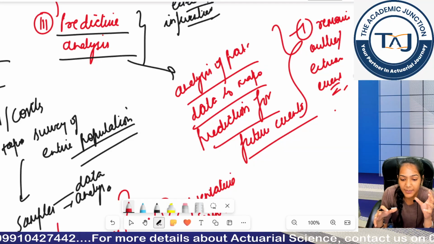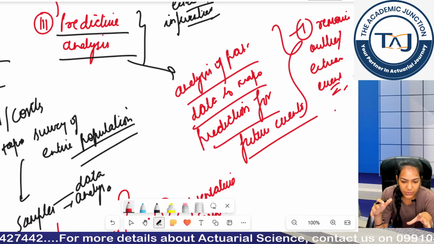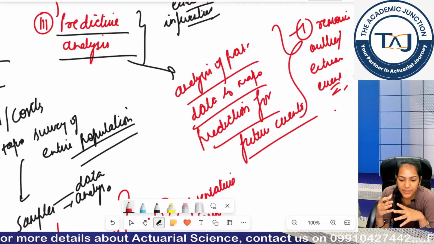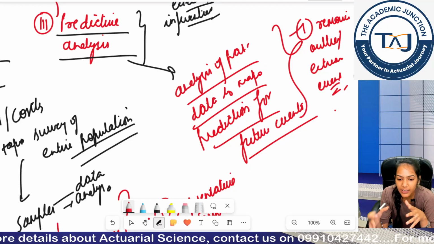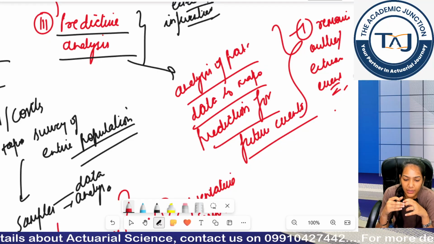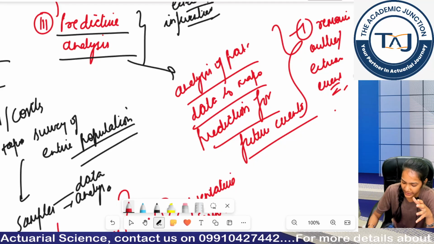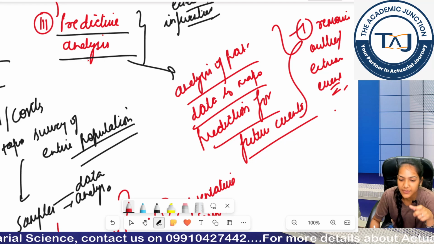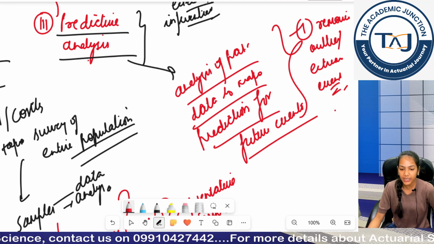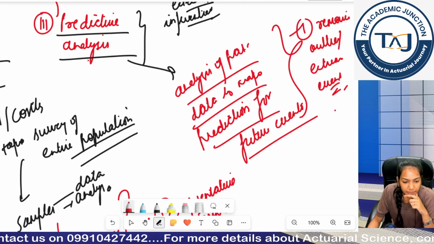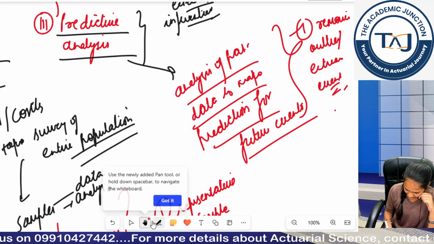That's an extreme event, so you would make considerations for it, because if you are taking the mean, that extreme event will misjudge your mean. So in predictive analysis, it is very important that your raw data represents your future events. Okay, guys?